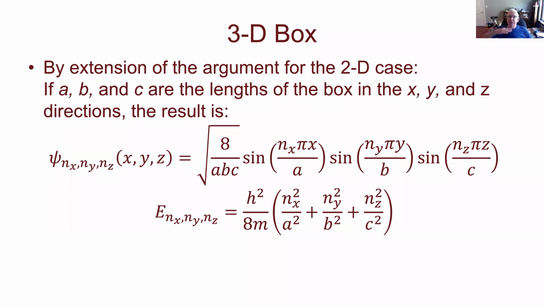I'd have one state at the bottom where all of the quantum numbers were 1, but then I'd have a set of 3 that had one of the quantum numbers being 2 and 2 of them being 1, and so on as it goes up, right? So my degeneracies would vary between 1 and 2 and 3 as I went through the different energy levels. And so it's a more complicated looking set of energy levels for that particular problem for sure.